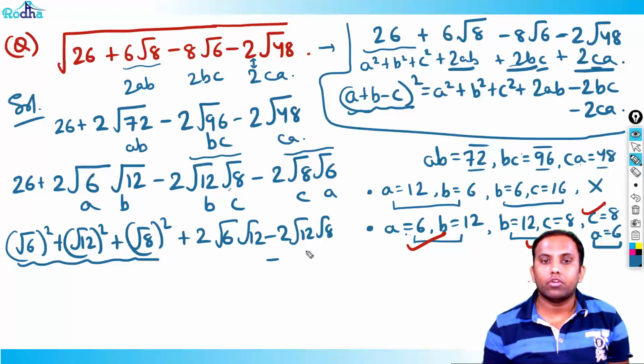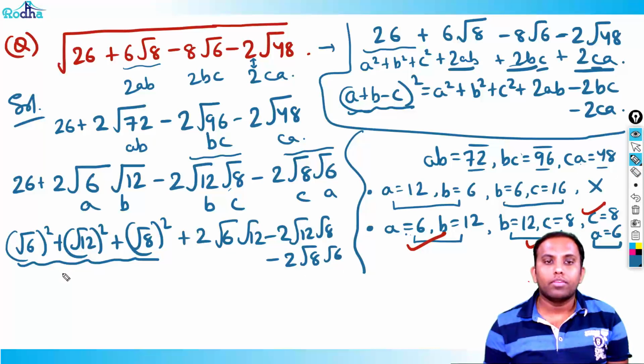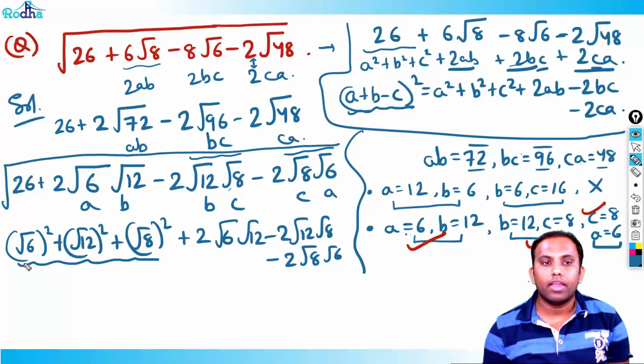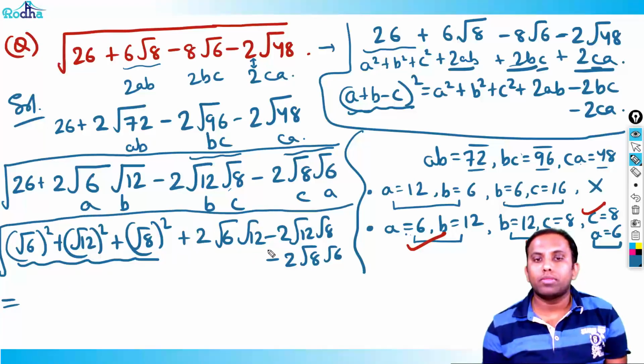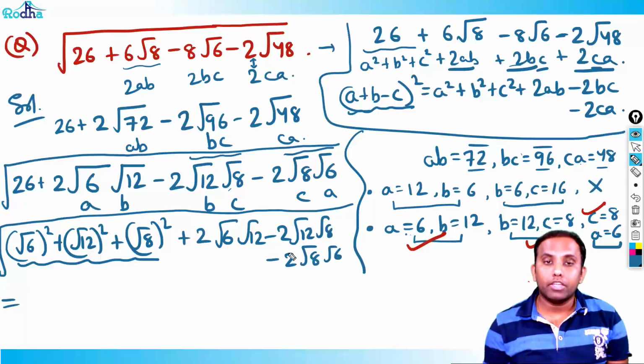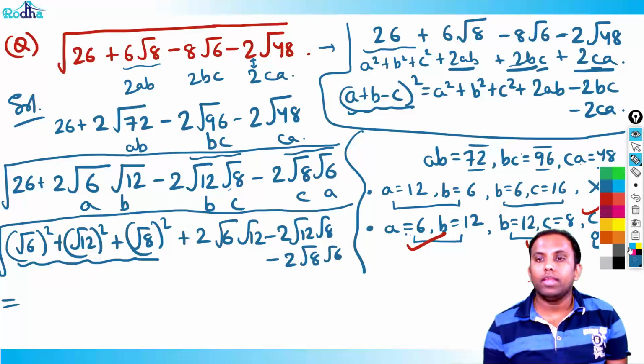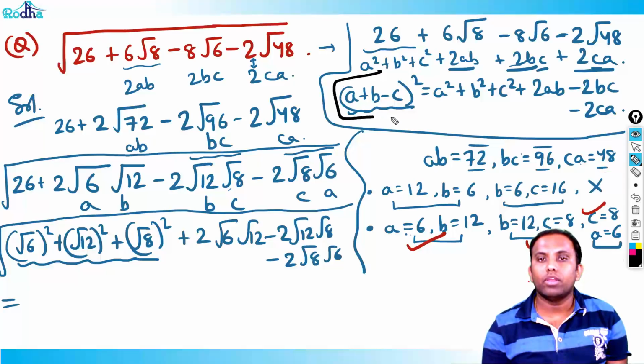So you got this term here, right? I was finding the square root of this whole term. It is actually A plus B minus C whole square.